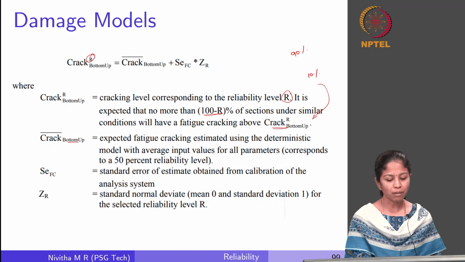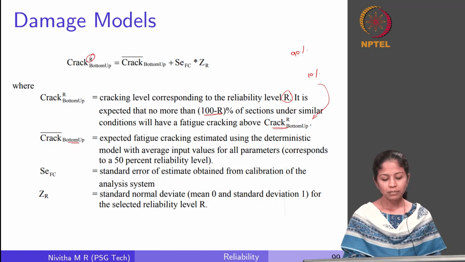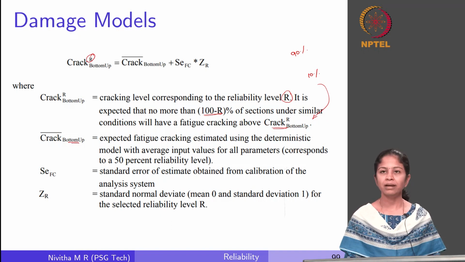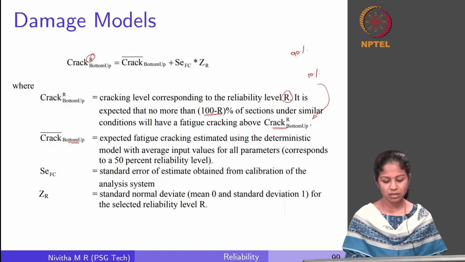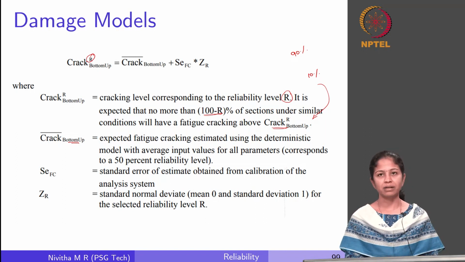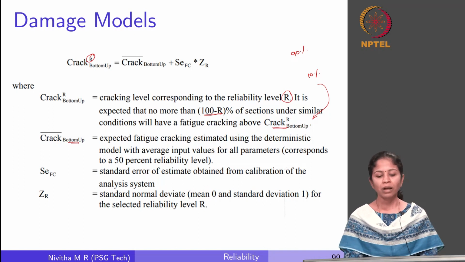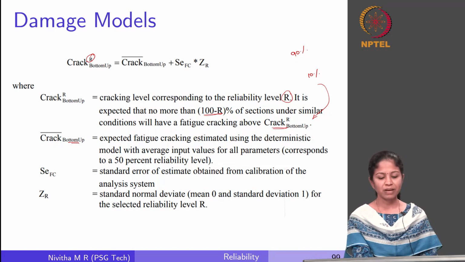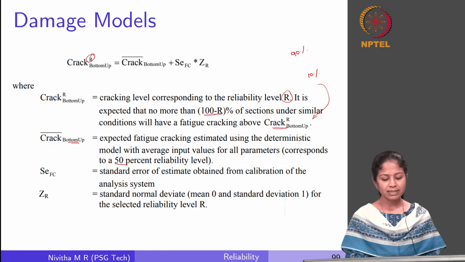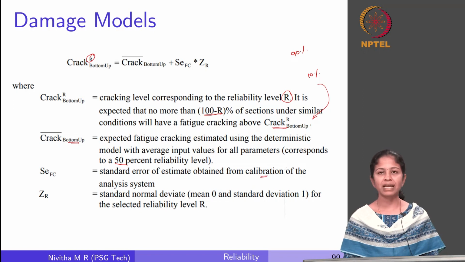Similarly, what is this terminology which is given here? It is the expected fatigue cracking estimated using the deterministic model with average input value for all parameters. So, if I use average input values, we get this value, and this corresponds to 50% reliability. Then this SE is the standard error of estimate obtained from calibration of the analysis system.